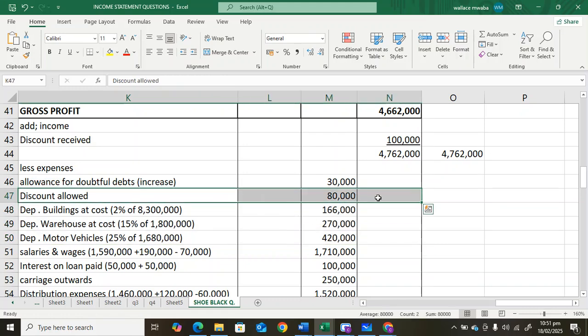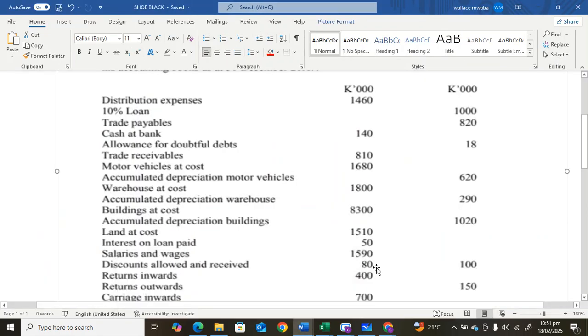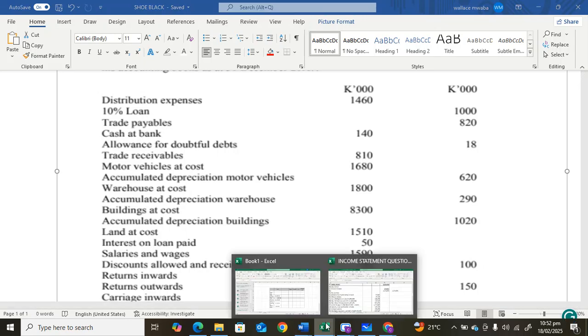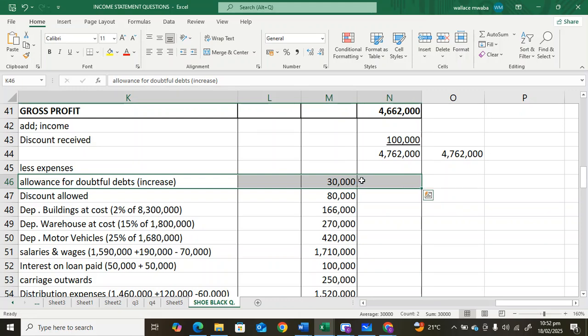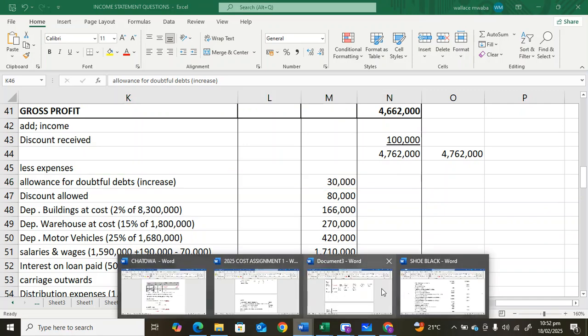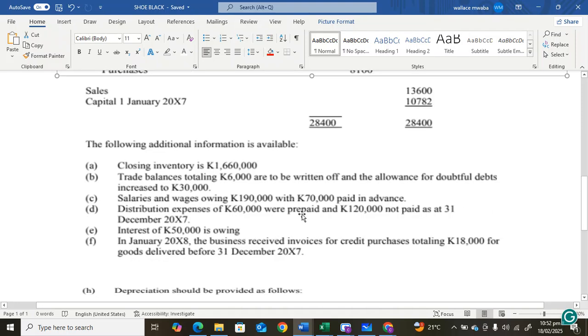Discount allowed. We saw it in our information here. Debit side here, 80,000. Allowance for doubtful debts. As I said, the question's wording says allowance for doubtful debts increased to 30,000.